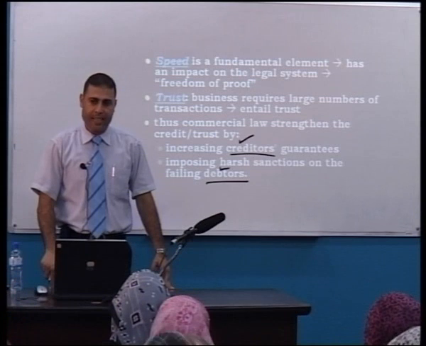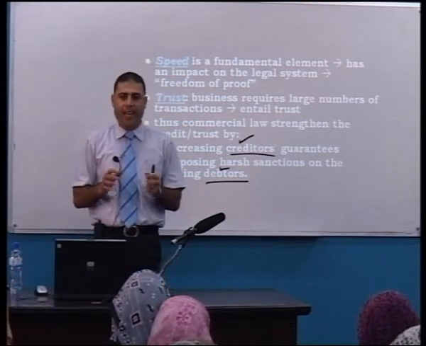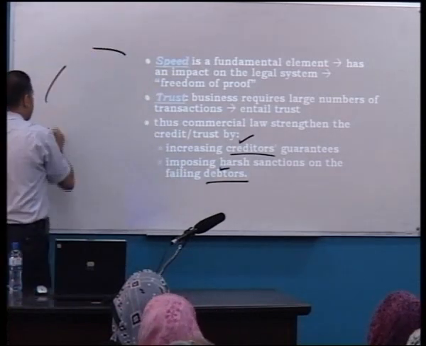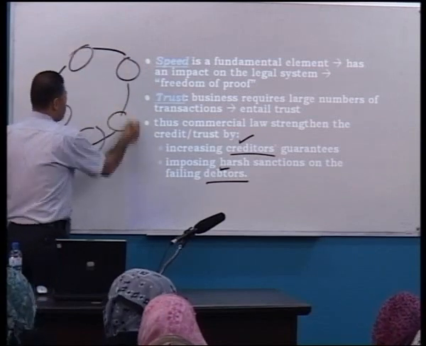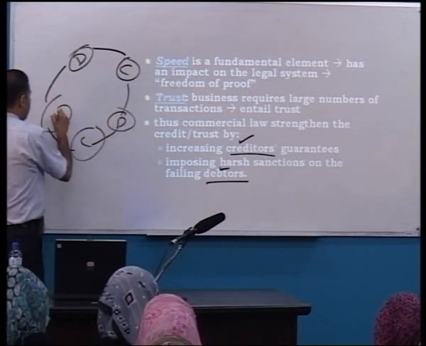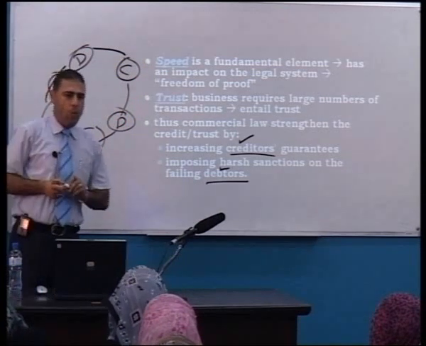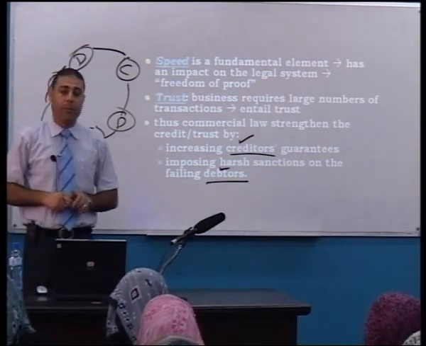This is a kind of guarantee for the trust. So we have a circle, between debtor, creditor, debtor, and the creditor, and so on and so forth. Each one of them has to pay on time.